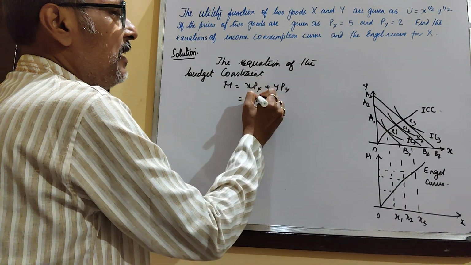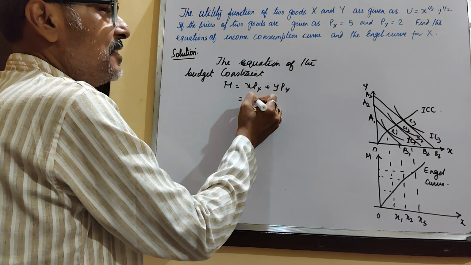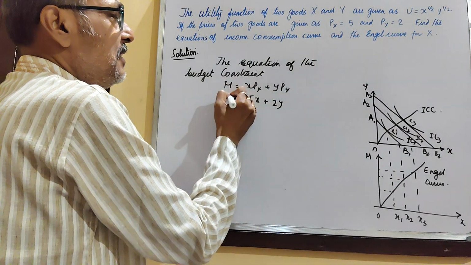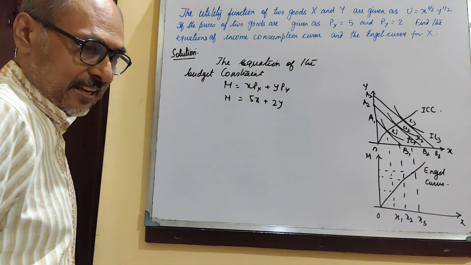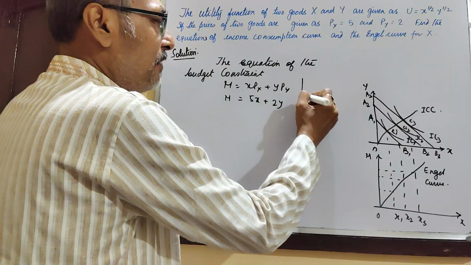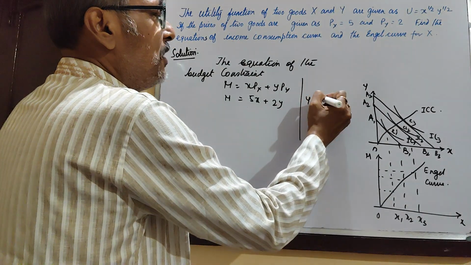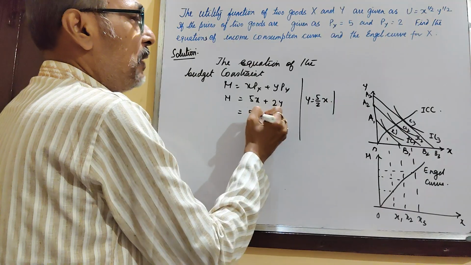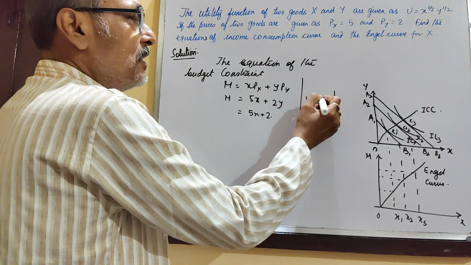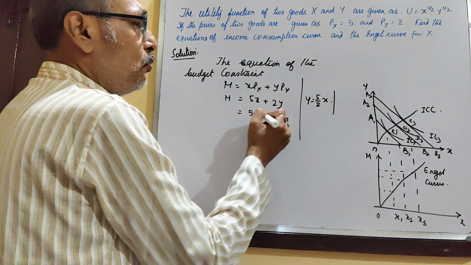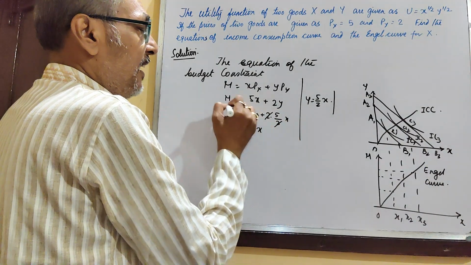Px is 5, so 5x plus py is 2y. This is our budget constraint. Again, y equals what? It is given as y equals 5/2x. We substitute here: 5x plus 2 times 5/2x. These two get cancelled, we get 10x.